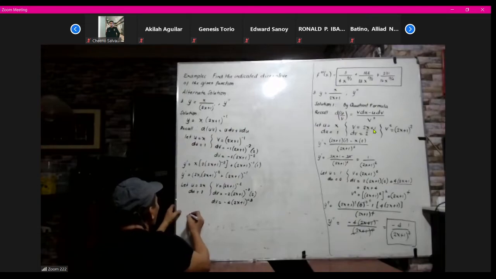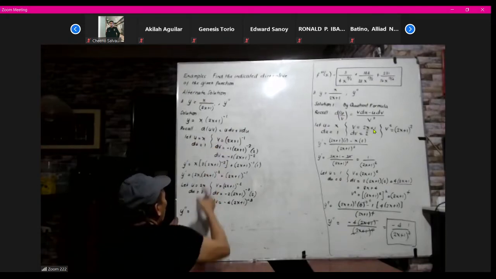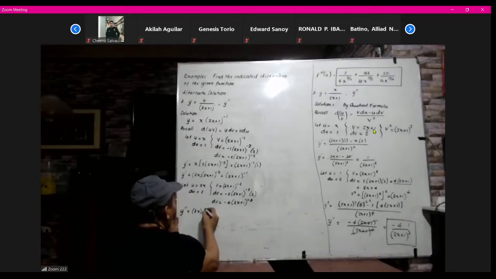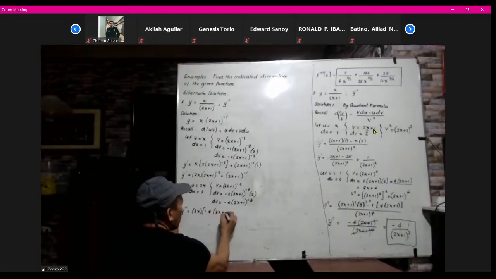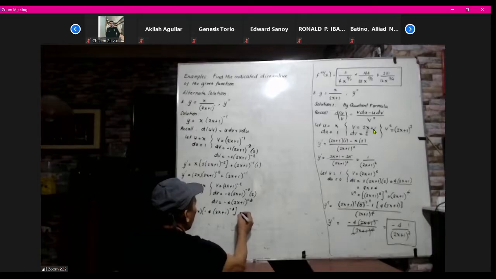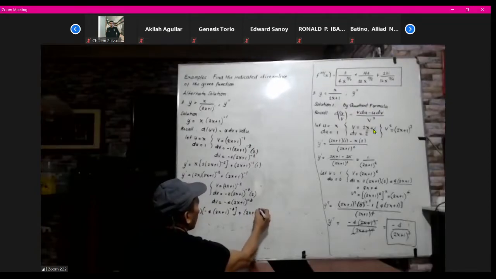So ngayon, substitute na naman natin doon sa formula na yon. So second derivative of y, that is equal to u. Ano yung u natin? 2x. Then our dv ito times negative 4 times 2x plus 1 raised to negative 3. Okay? Then, sumunod. What is our v? Ang v natin ay ito. Plus 2x plus 1 raised to negative 2.